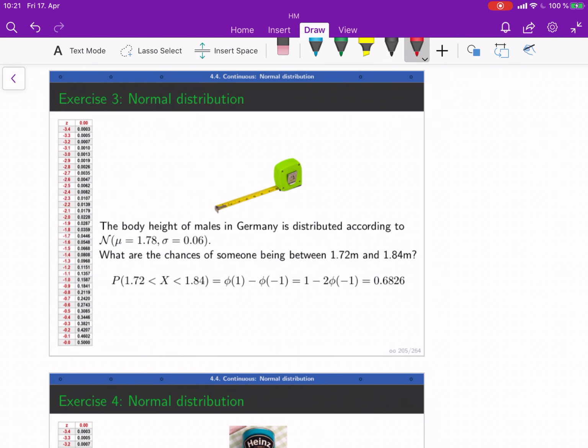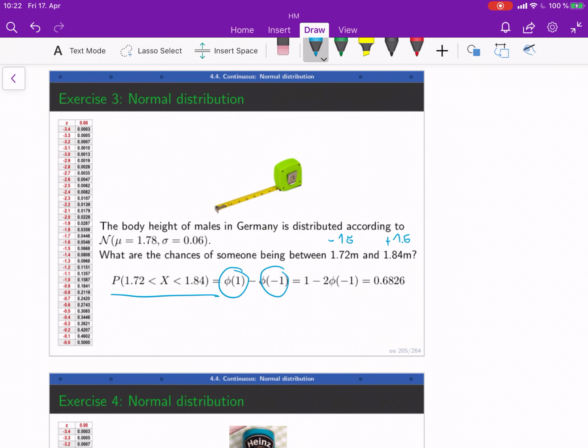Okay, so we need this one here between those two values, and it's not hard to see that 172 is 1 sigma out, so that's minus 1 sigma, and this one here is plus 1 sigma. So we need in fact just phi of 1 minus phi of minus 1. That's all we need.